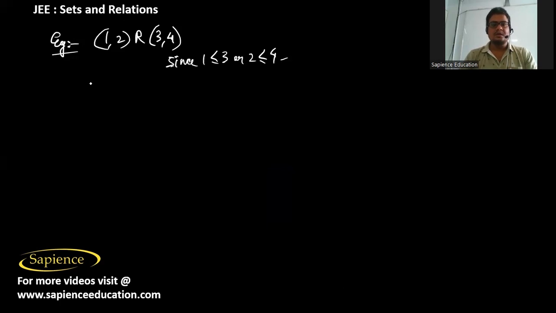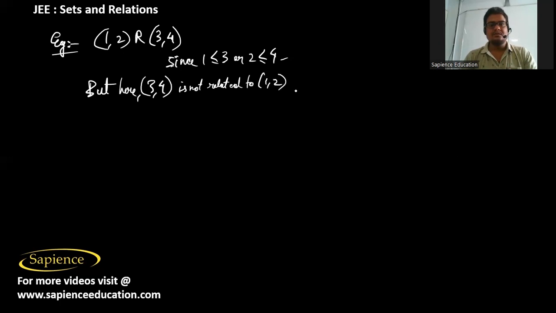But here (3, 4) is not related to (1, 2), since 3 is not less than or equal to 1, nor is 4 less than or equal to 2.